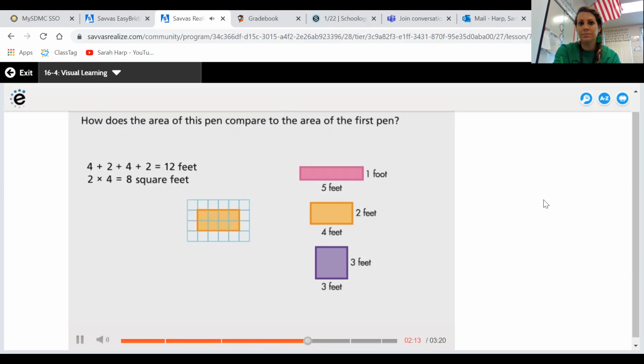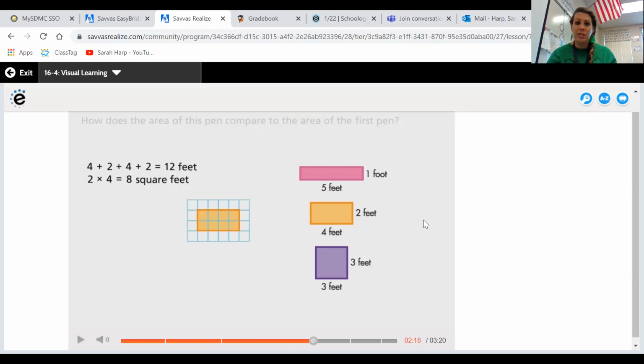How does the area of this pen compare to the area of the first pen? So stop and think about that. So remember, for the area, we multiply the two sides. So the area for the first pen was 5 times 1, which equals 5. The second pen, we would say 4 times 2, which equals what? 8, right?